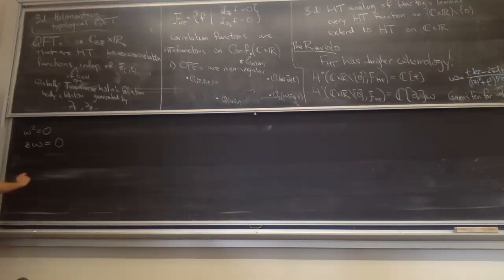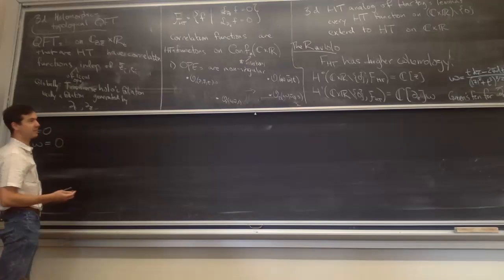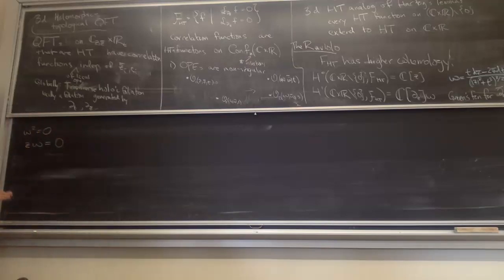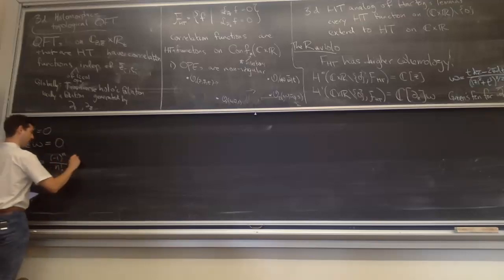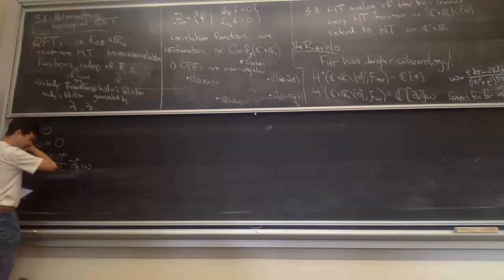And so because derivatives and multiplication by z don't commute with one another, you get some interesting higher order relations. A convenient way to collect them all is to define a one form omega n, which is just minus 1 to the n over n factorial times the nth derivative of z omega.